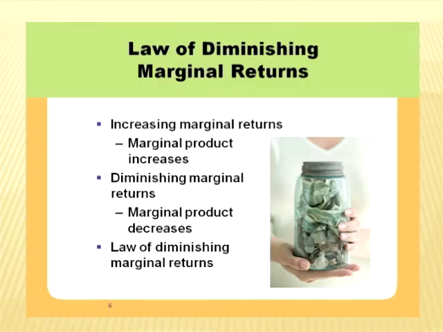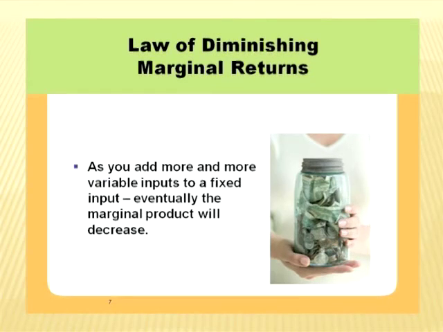And this is known as the law of diminishing marginal returns. The law of diminishing marginal return says as you add more and more variable inputs to a fixed input, eventually the marginal product will decrease. Now, as we saw from the previous slide, that doesn't happen right away. It takes a while for that to come into play, but it does eventually happen.